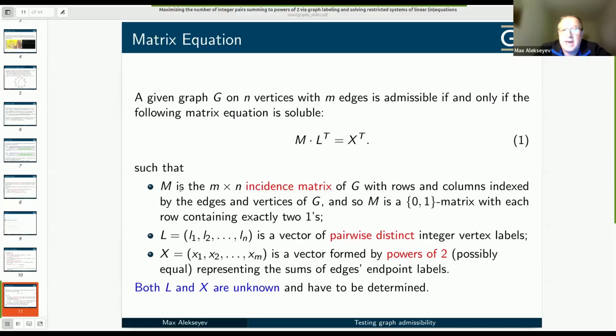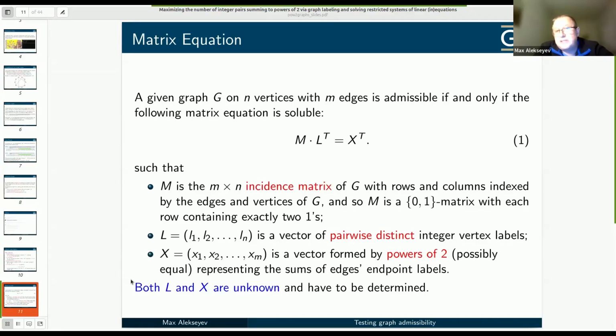More specifically, L must be composed of pairwise distinct integers. So not just integers, but pairwise distinct integers. And vector X must be formed by powers of 2. Those powers of 2 may be equal, so some of them may coincide, but they must be integer powers of 2.